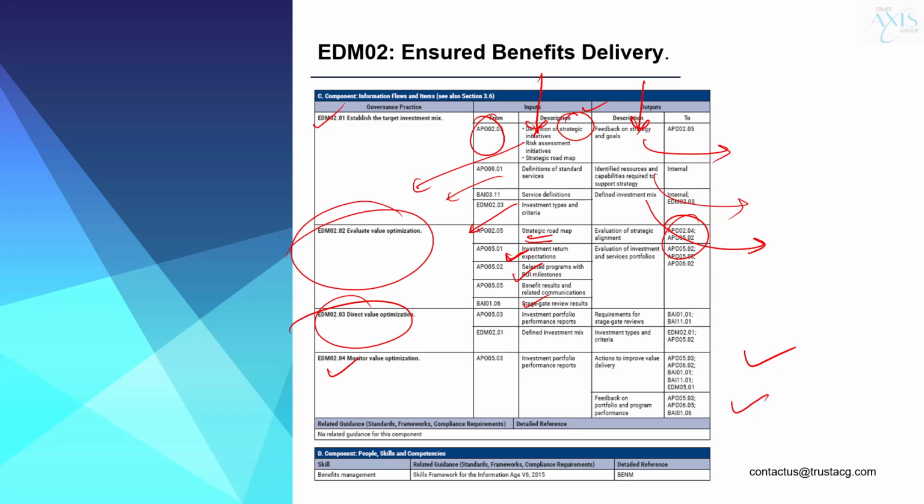So, basically, for benefits management, you can refer to the skills that are identified in the Skills Framework for the Information Age, currently in version 9, under the code of benefits management.